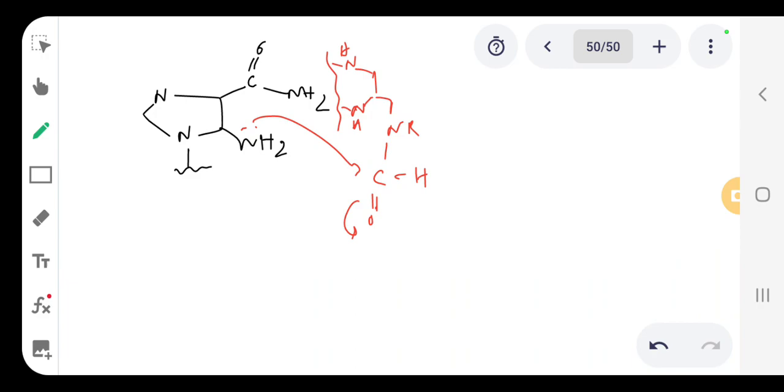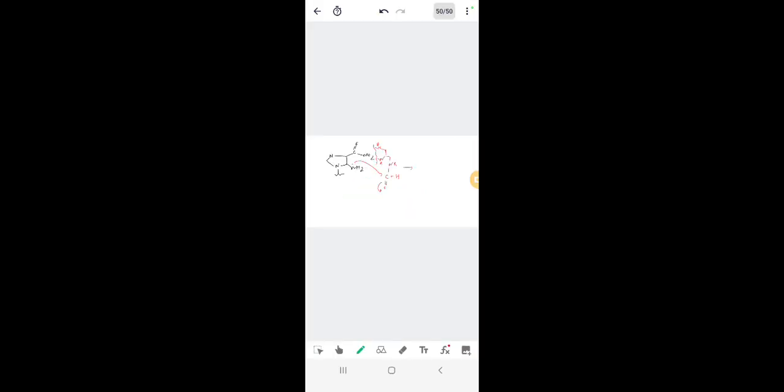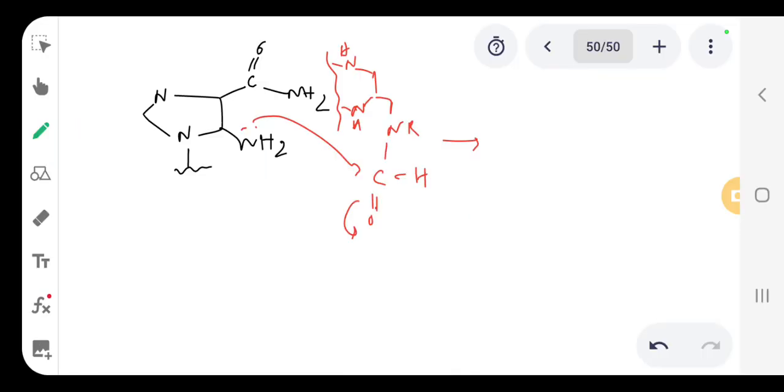It will open up. Eventually, it will give rise to another beautiful structure, and that is like this. Sorry, let's write it down in black. It will be like this. Sorry, there will be a double bond also.